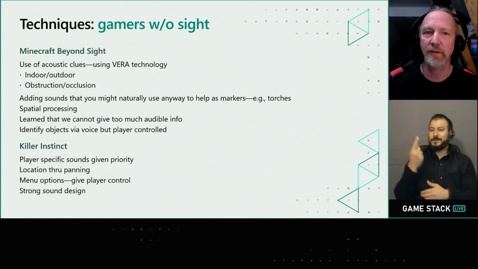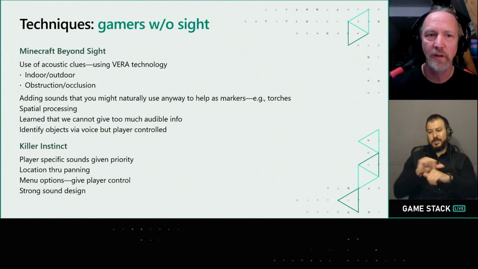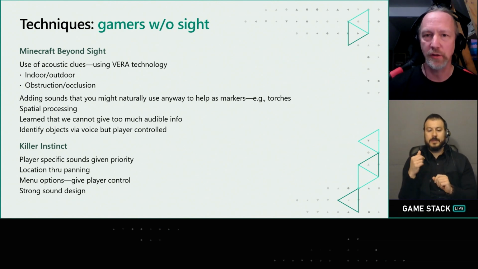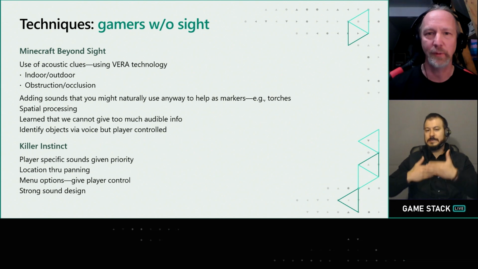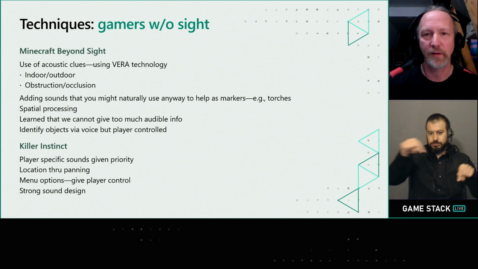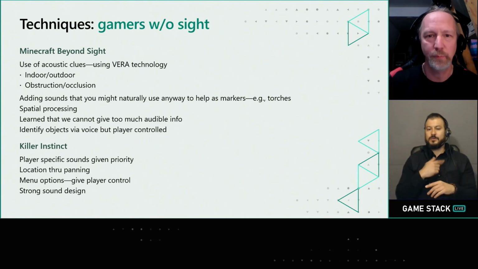We also added sounds that you might naturally use anyway to help as markers on things like torches. We added spatial processing, which is a huge component of bringing audio accessibility to games. The spatial sound allowed us to have sounds that had true positions in space, pinpoint accurate.